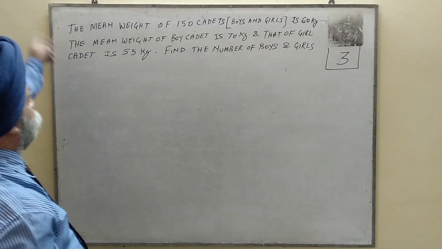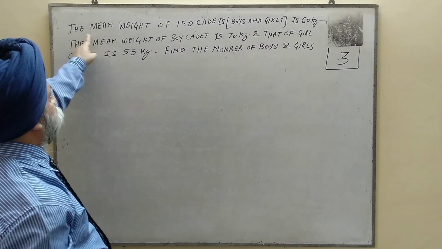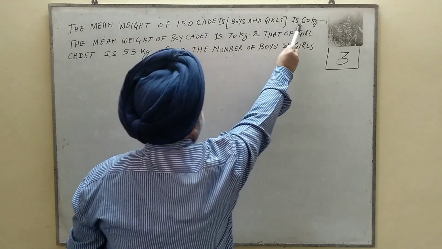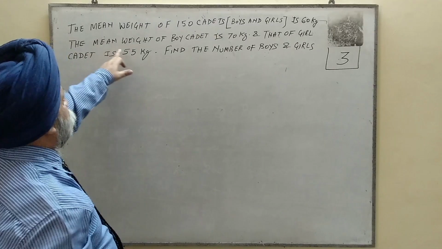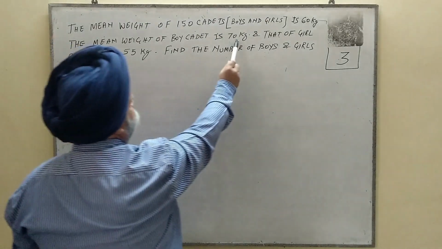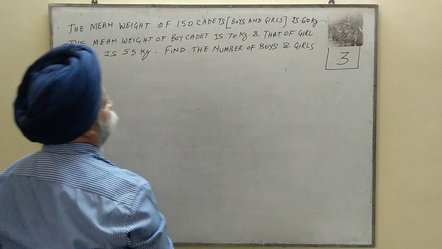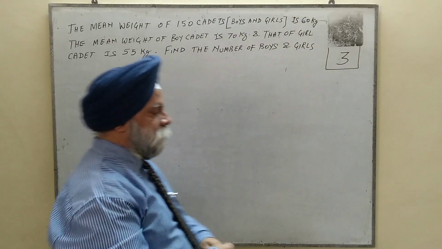Now let us explain one more question of combined mean. The mean weight of 150 cadets, boys and girls, is 60 kg. The mean weight of the boy cadet is 70 kg and that of the girl cadet is 55 kg. Find the number of boys and number of girls.